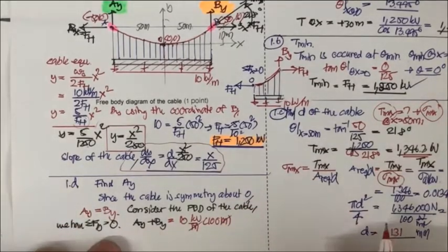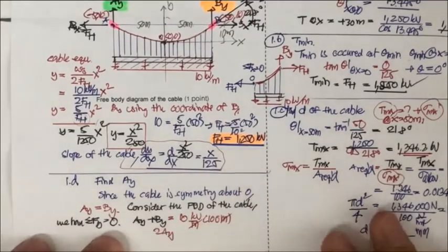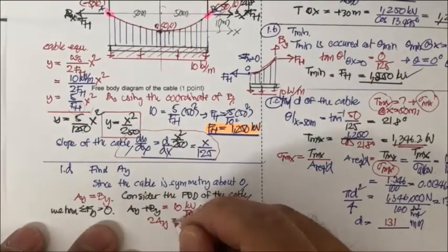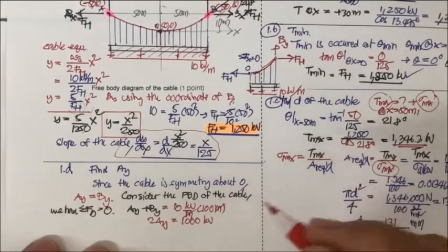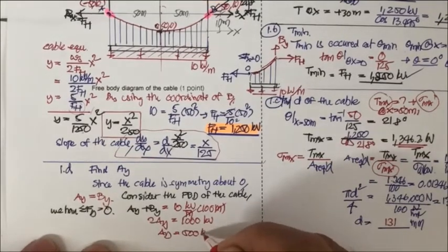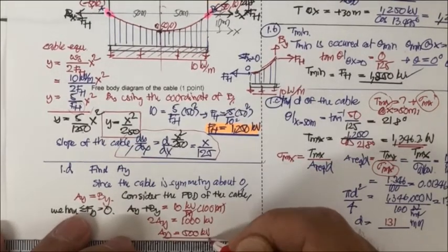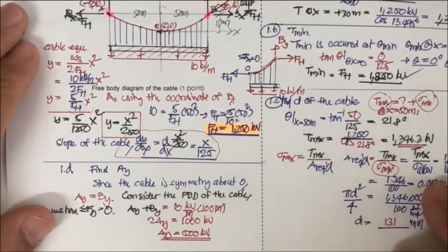Since they are equal, 2 A sub y is equal to 1000 kilonewton. Finally, we get A sub y of 500 kilonewton. That is the result of A sub y here.